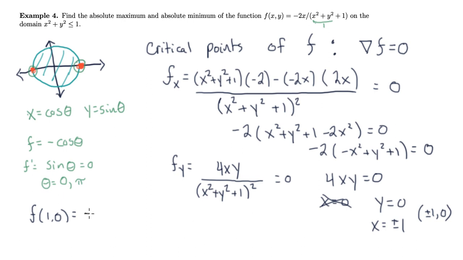That's going to be -1. And then f of (-1, 0) is going to be -2 times -1, which is 2, again over 2, so it's going to be 1. So we see we have our absolute max and our absolute min.